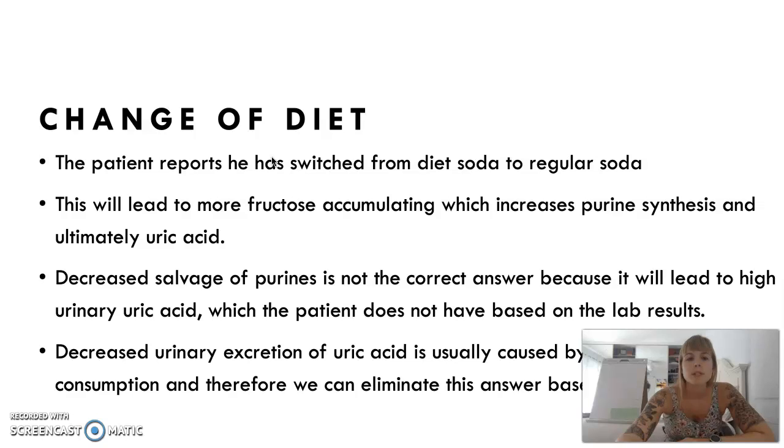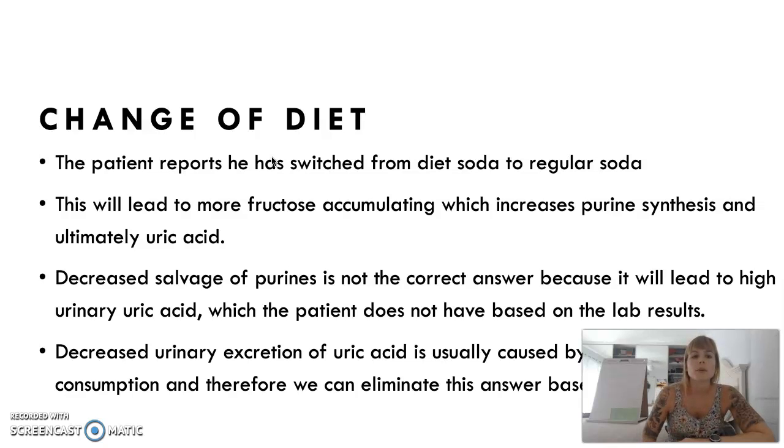And decreased purine salvage is not the correct answer, because if purine salvage was decreased, that would lead to high levels of uric acid in the urine, which was not seen in the lab results. And decreased urinary excretion of uric acid is usually caused by excess alcohol consumption, and therefore we can eliminate this answer based on the lack of information.